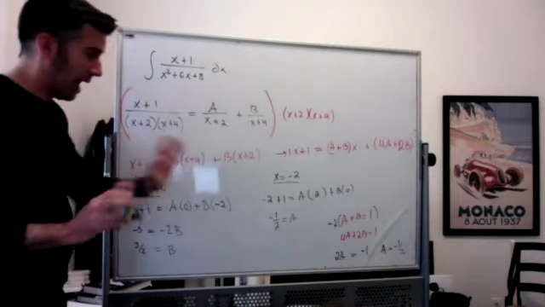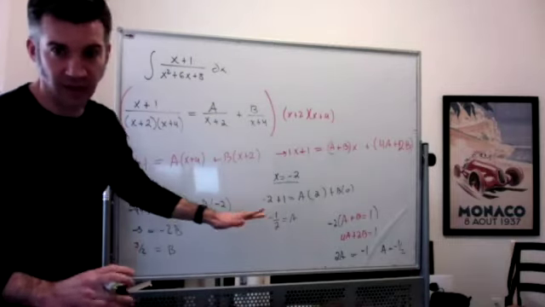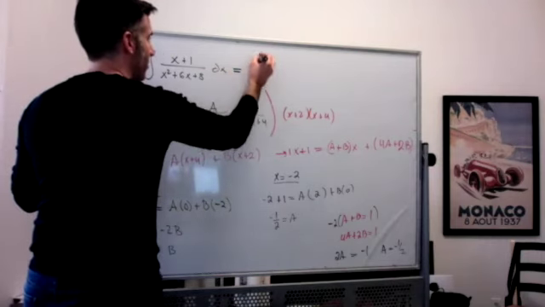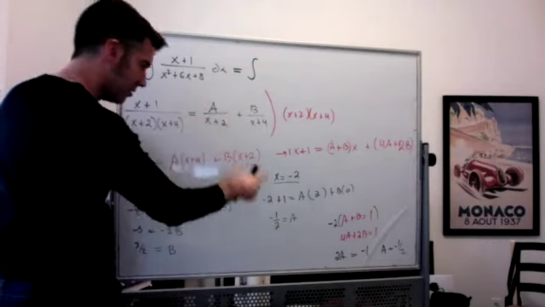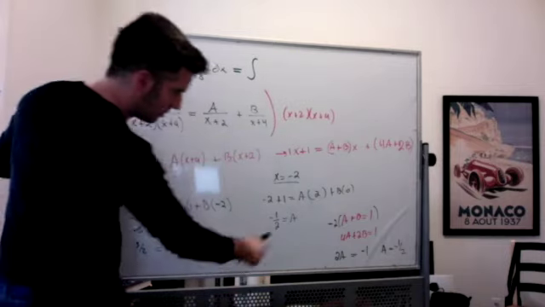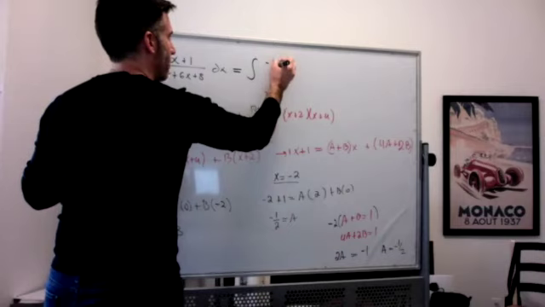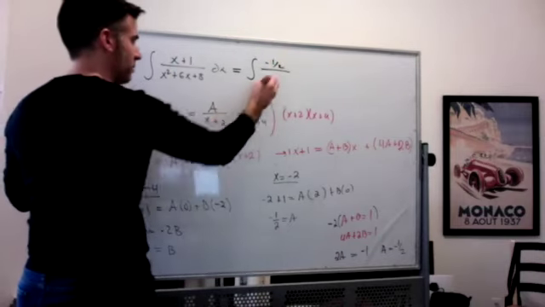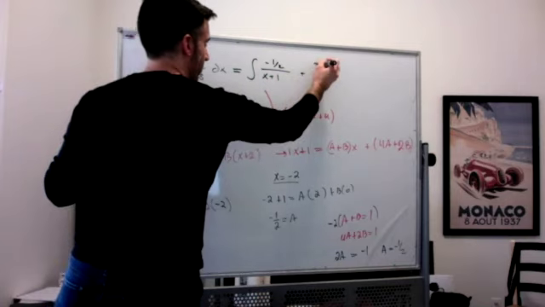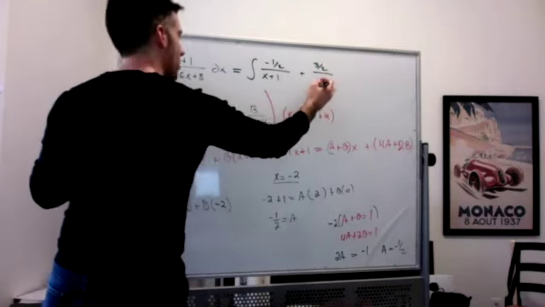So anyway, after you do the partial fraction decomposition, you have to remember that you still have an integral to finish. So you have to rewrite the integral as a, which is -1/2 over x plus 1, and then b is positive 3/2 over x plus 4.